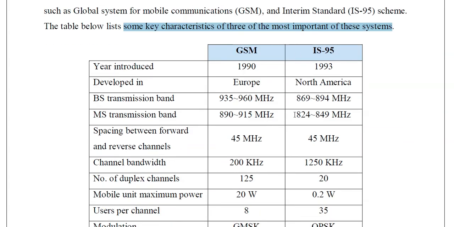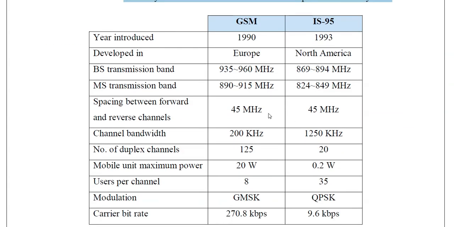Just two systems. It says that the GSM started 1990, the IS started 1993, GSM is European, IS-95 is American, or the United States of America.